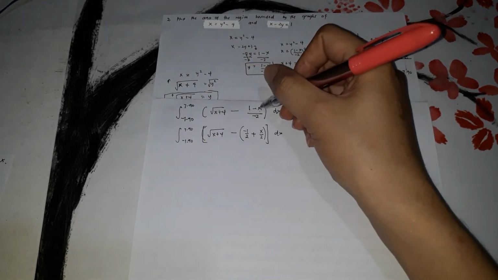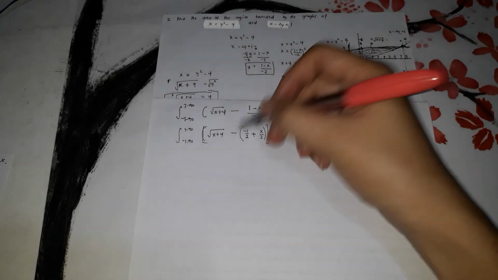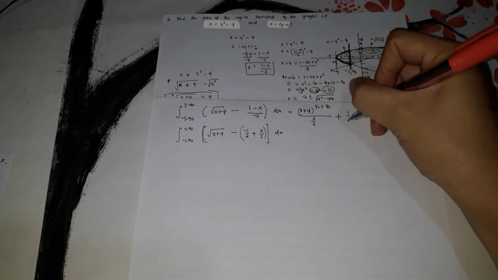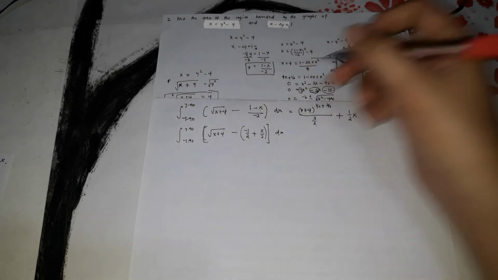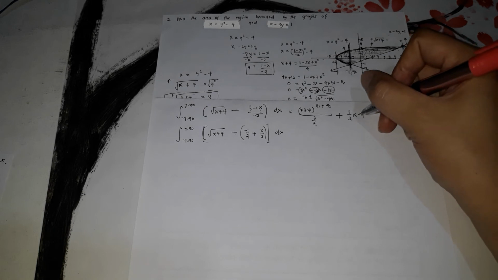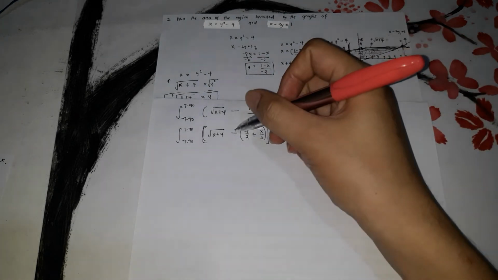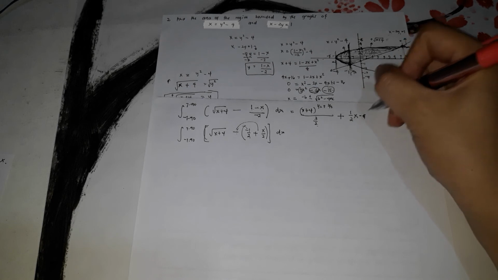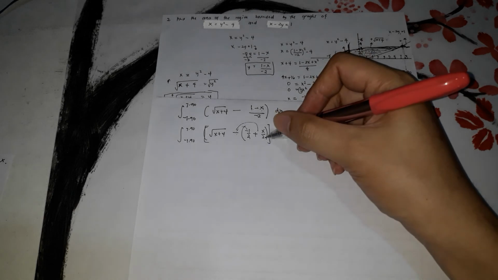Hiniwalayin natin para mas madali siya. So, kasi negative, negative, magiging positive 1/2 x. So, the integral of this one is lagyan mo ng x. In the integral of this one, kasi i-times mo ito, nag-positive siya. I-times mo dito, nag-negative siya. So, negative x to the power of 2 over 2 times 2. So, x over 2, the integral is x to the 2, copy 2 times 2.